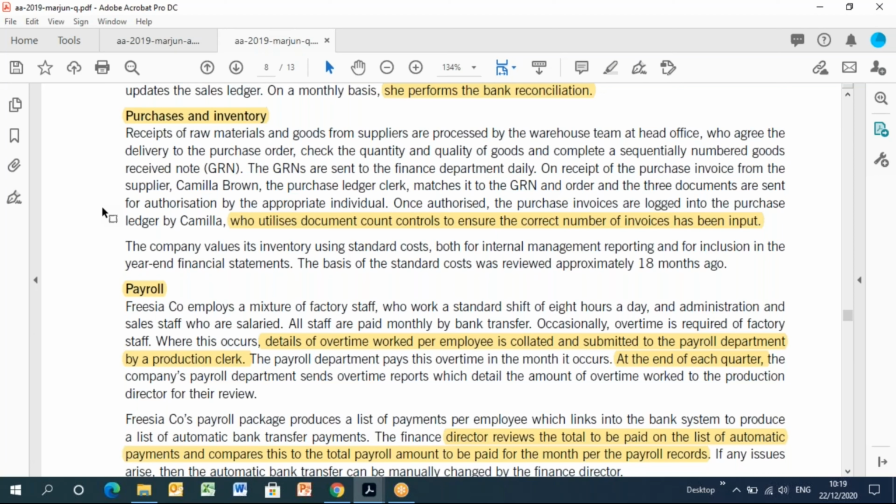So you calculate the total of the invoices with your calculator, and then you look at the accounting system on the screen, and you see that the total is the same. So this is an internal control in place to ensure that the values are correct.